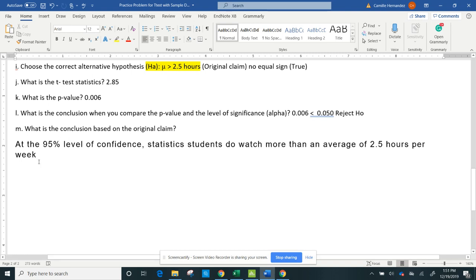And then if you wanted to, I sometimes do this. t equals 2.85, with a p-value of 0.06. That's how I'm doing it if I'm writing it in for research. And there's some other things I can do to it, but I have shown that the statistics students do watch more than an average of 2.5 hours per week. And that was supported by the p-value and the level of confidence.